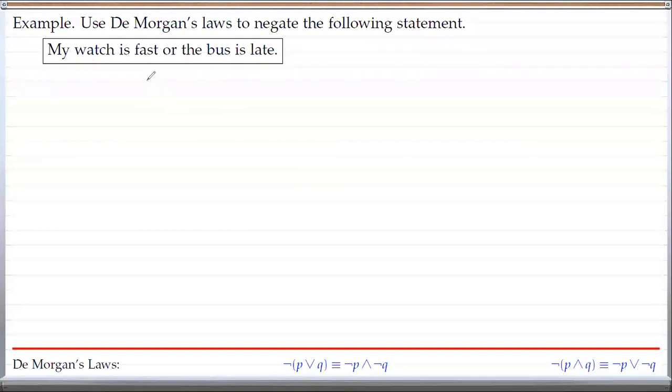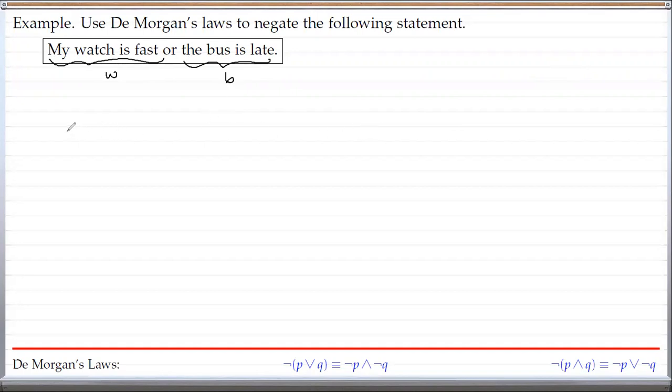My watch is fast or the bus is late. Let's denote the first statement by W and the second one by B. W is the statement my watch is fast, and B is the statement the bus is late.